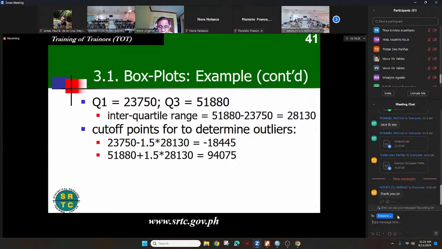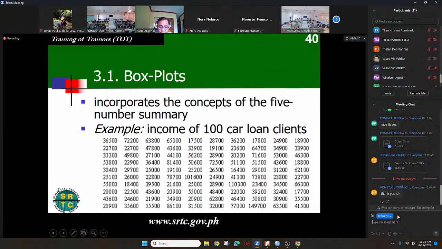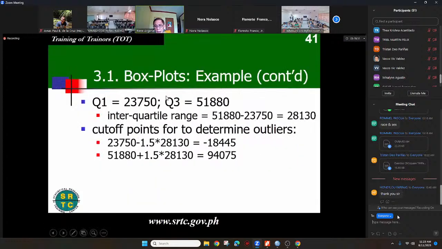So beyond 94,075, you have 101,600, which is an outlier, 110,300, and 149,700. So there are three outliers in the observation.